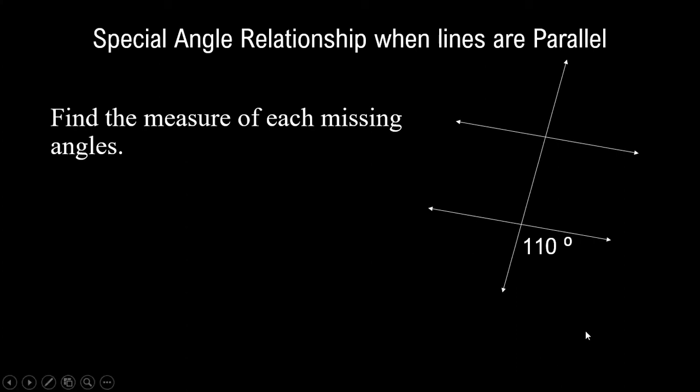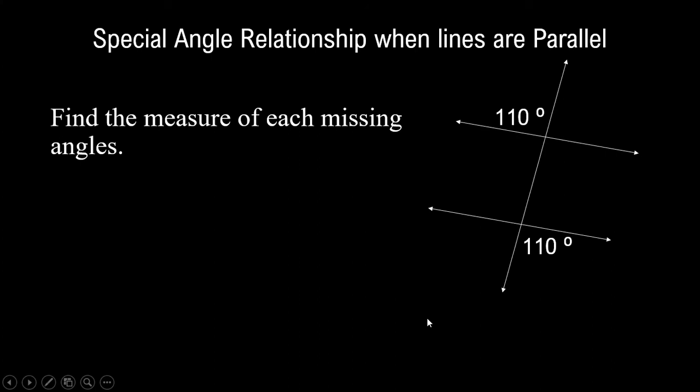If this is 110 and this is located here, this part is the alternate exterior angle, and according to the special angle relationship, if this is 110, then this part is also 110 since they are congruent.